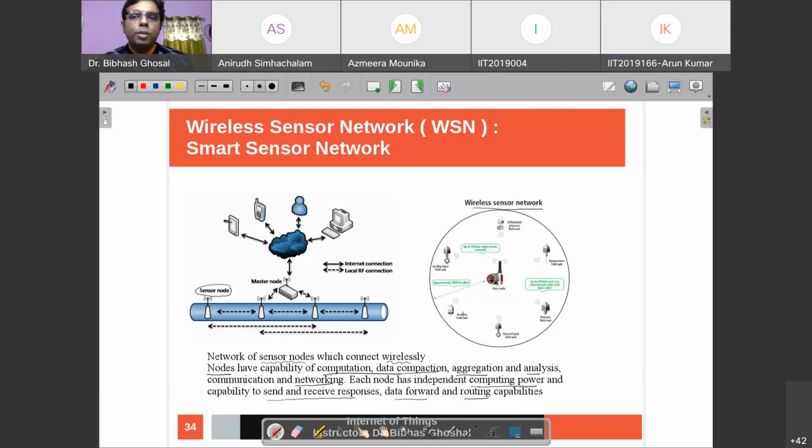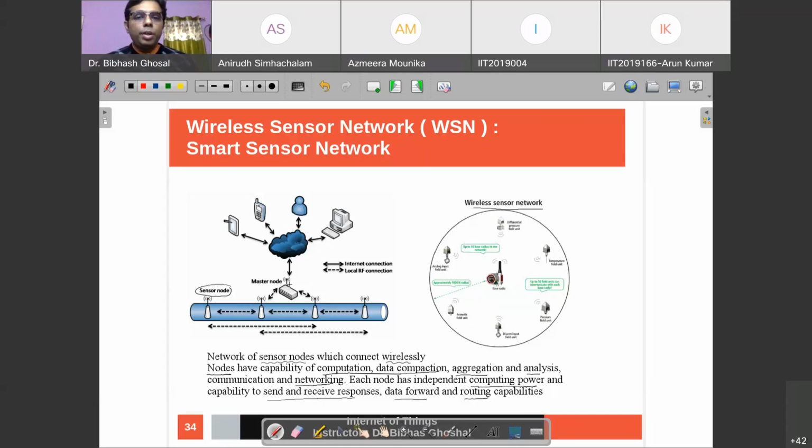Now, there are different ways in which you can work. There are many nodes, but one of them you make a master node that collects the data and sends it to the cloud, because these nodes also have a limitation in their computation power. So for high order storage or permanent storage, let's say, you may make use of some third party infrastructure such as cloud.